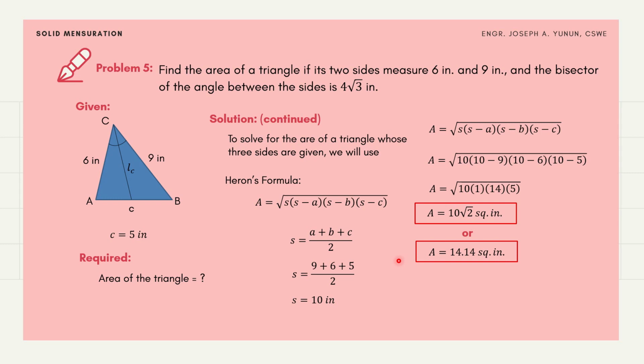So probably there are so many ways, and what I have discussed here are just some of the possible ways to solve for the unknown or the required. Make sure to always base your solution on the givens of the problem. Based on those givens, you could arrive at a possible solution, or based on a given formula.